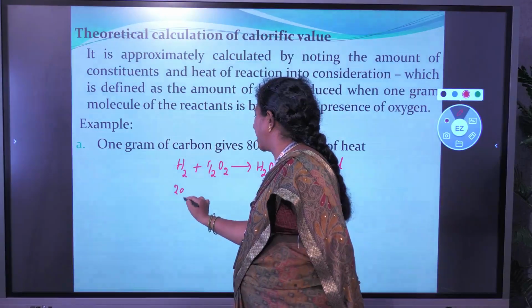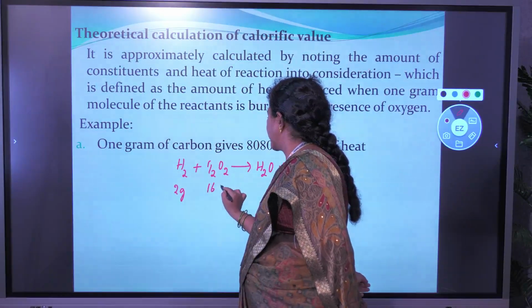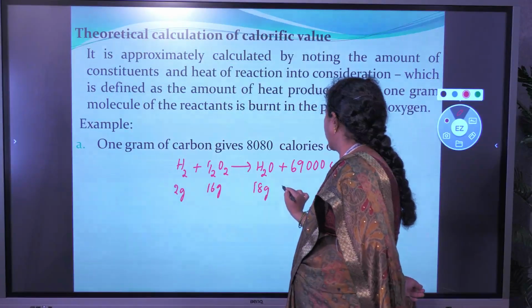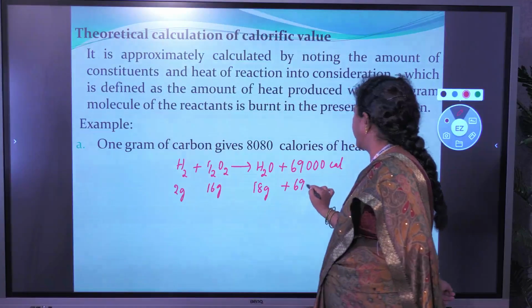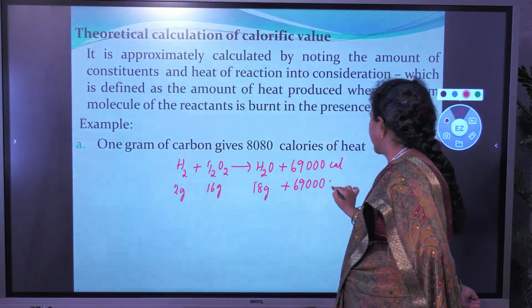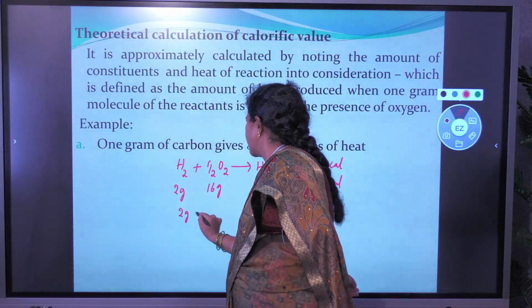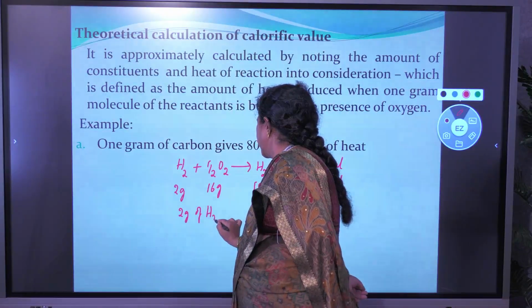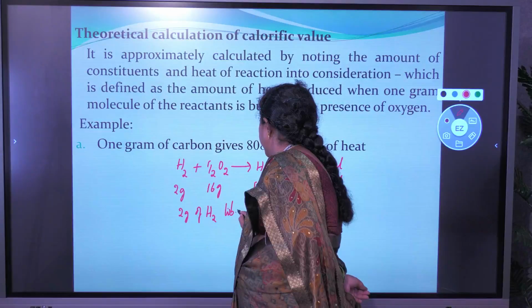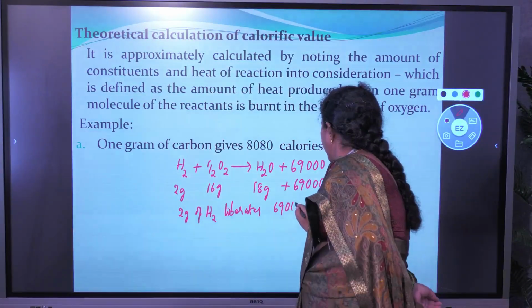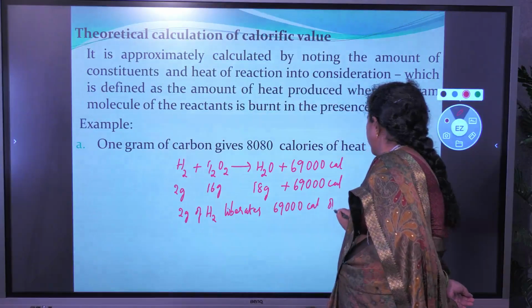So 2 grams of hydrogen, 16 grams of oxygen, 18 grams of water, and the heat liberated is 69,000 calories. So 2 grams of hydrogen liberates 69,000 calories of heat.